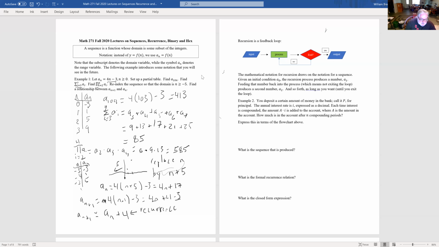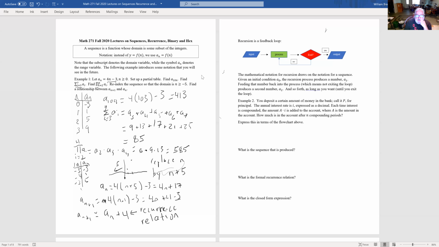Relation. Because it tells us what the next term, the n plus 1 term, is in terms of the previous term, a_n. And you can see what's going on here, right? Each a_n, you're just adding 4 each time to the previous number.